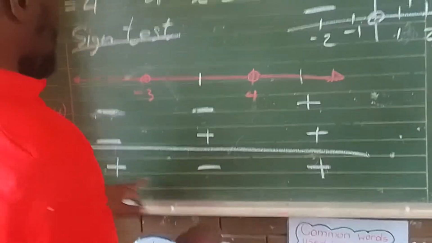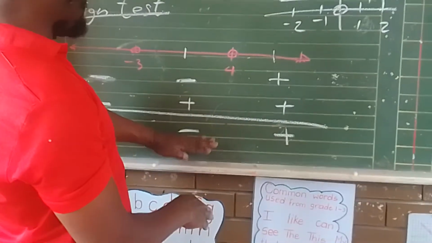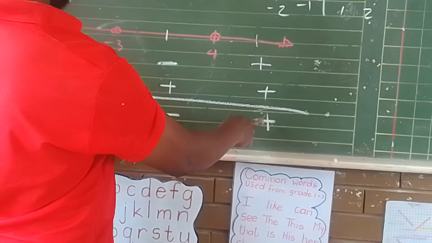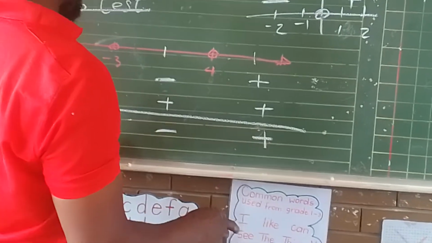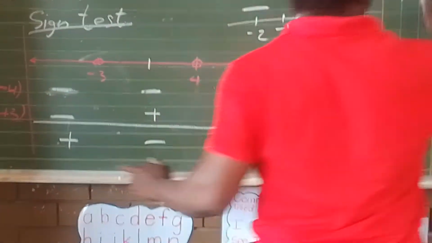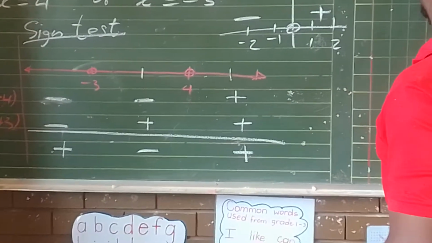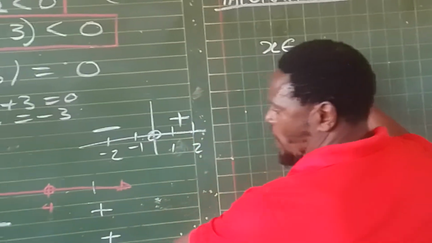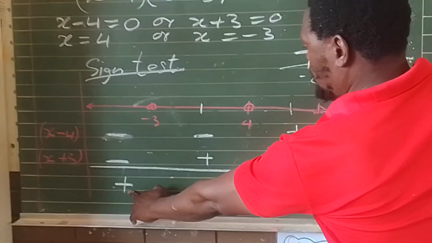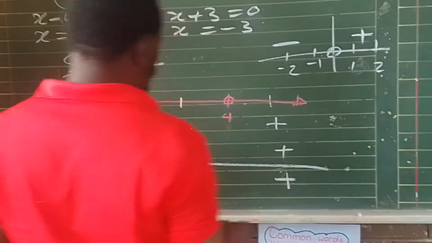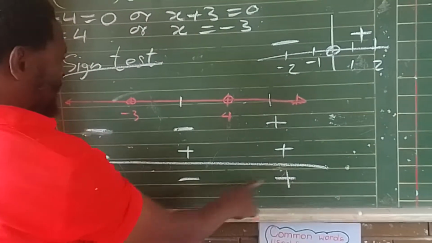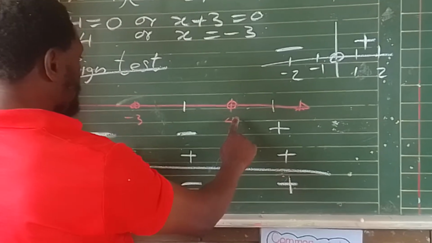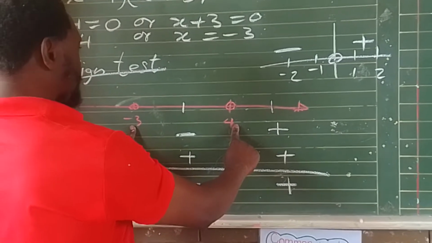You say that in order for us to get a solution here, x must be between -3 and 4. You say that x is an element of, check, you see, it is here. It's an element of -3 and 4.